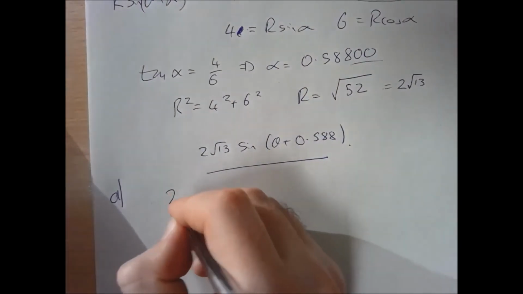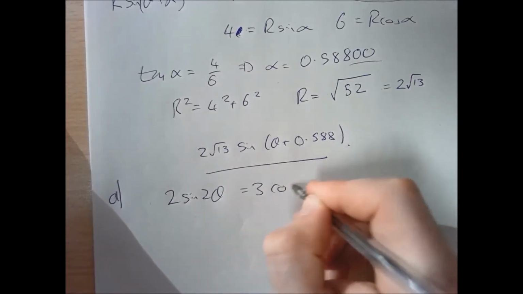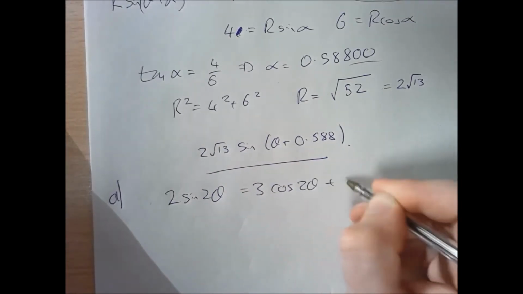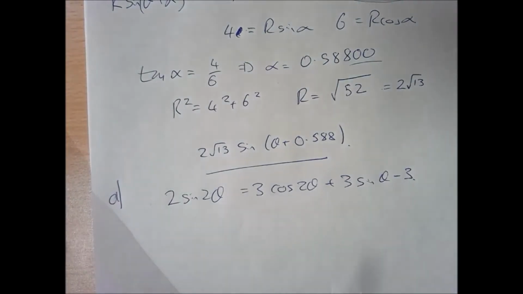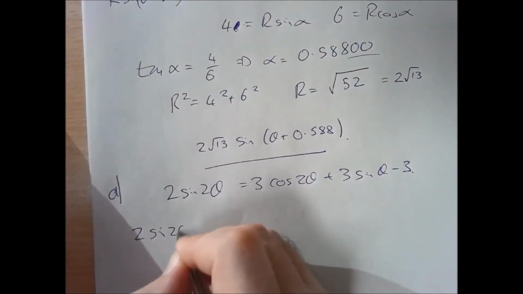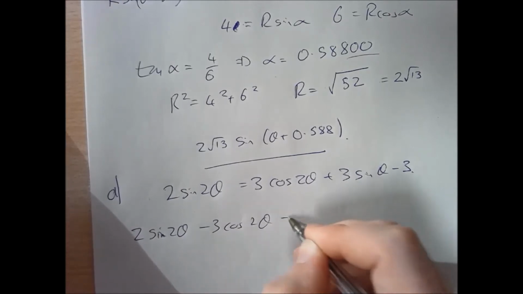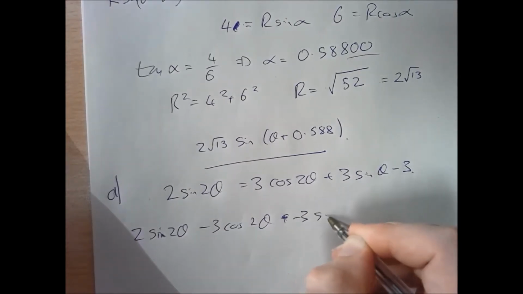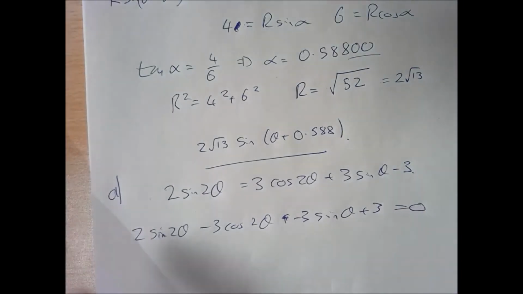So we get 2 sine 2 theta equals 3 cos 2 theta plus 3 sine theta minus 3. I've expanded the brackets, so I'm going to take everything over to the left hand side to give me 2 sine 2 theta minus 3 cos 2 theta minus 3 sine theta plus 3 equals 0. And now we bring back our sheet, we notice that this is exactly the same as this.